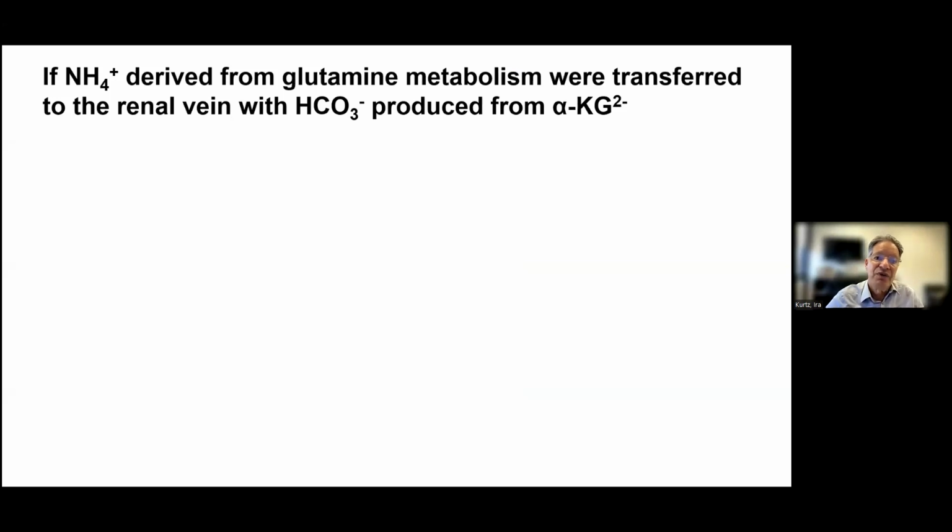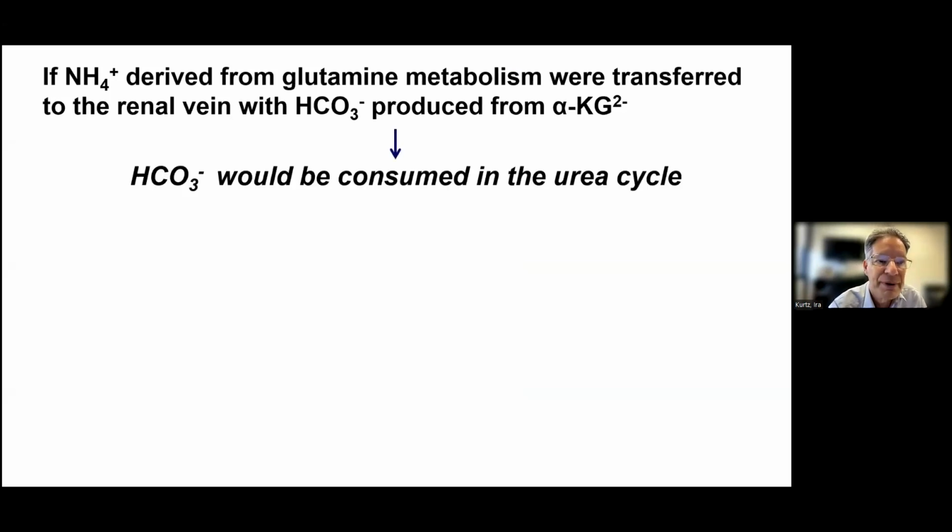Now, that production of ammonium can't be ignored because of this important concept that if the ammonia derived from glutamine were transferred to the renal vein with the bicarbonate produced from alpha-ketoglutarate, bicarbonate would be consumed in the urea cycle and would not be free to match the daily hepatic proton load.